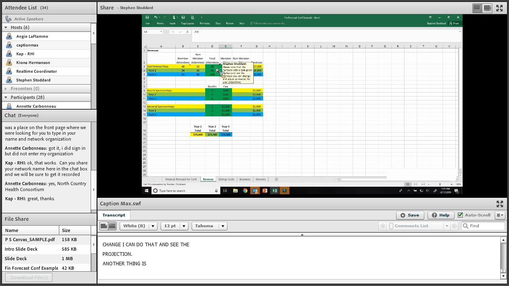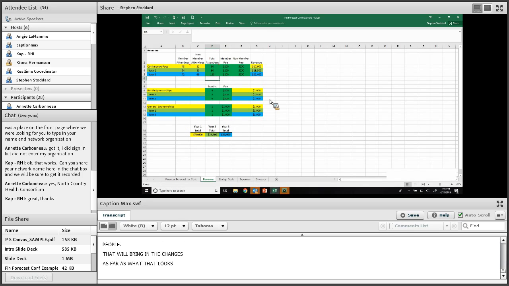So for example, on the conference attendees, we've got 80, 90, and 100 listed for each year, and then the percentages broken out as far as members and non-members. We've got their fees over here in column E, and then their non-member fees listed there. And what's nice about something like this on a spreadsheet is that if I want to make a change, it's very easy to do that and see what the projection will be.